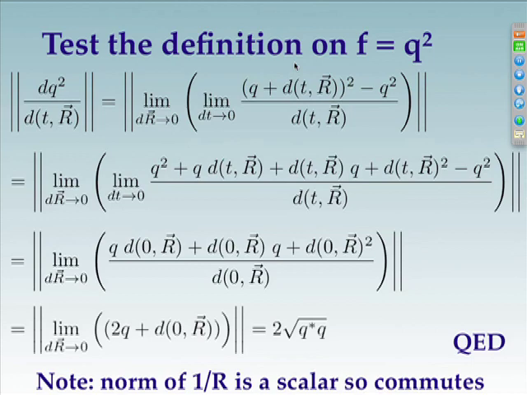So I'm taking the norm of that, the 1 over r thing, and when I take the norm, it will just be a real value, a scalar value. So I can commute the norm of that thing. And if I do, then I'll be able to get a 1 out of there, right?